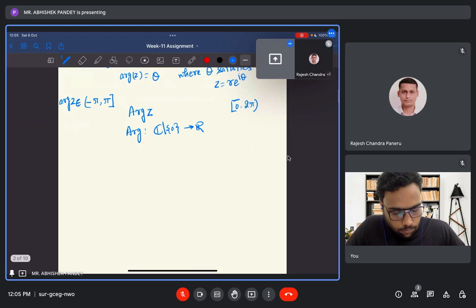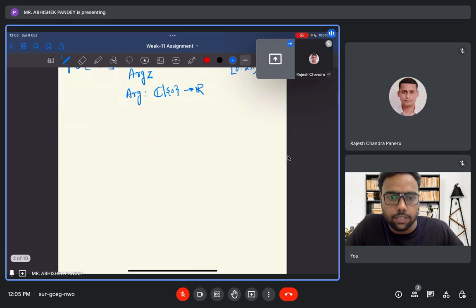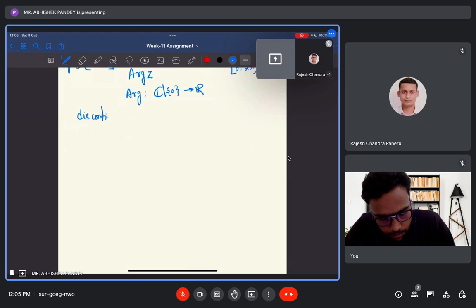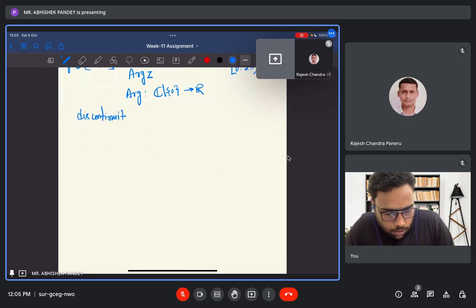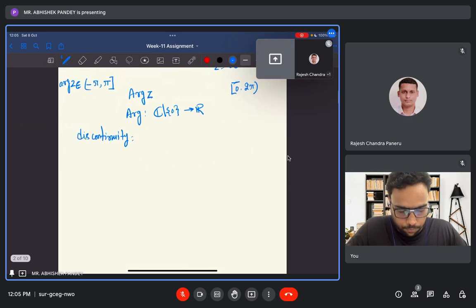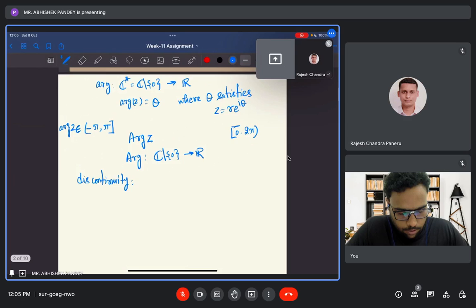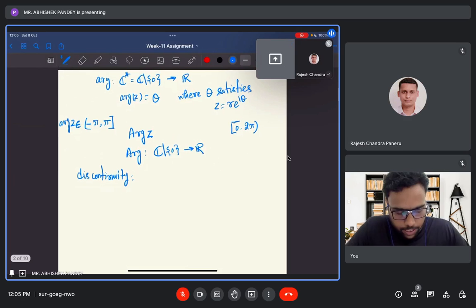Now since this is defined, we can talk about continuity and discontinuity. Can you guess what kind of discontinuity it has, at what points, for this capital Arg?